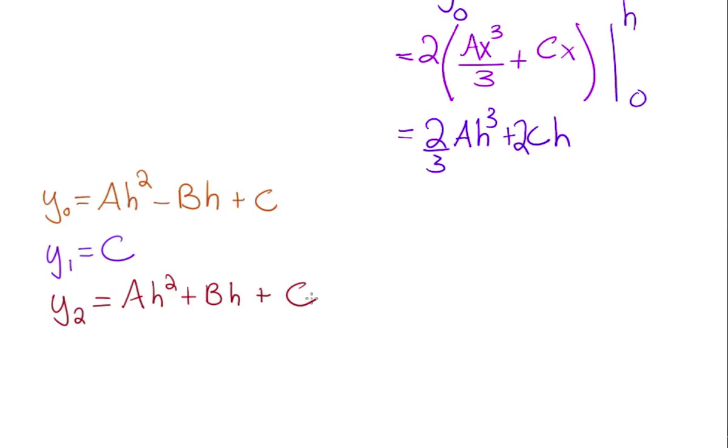Notice how these have bh's and then this one doesn't. Is that a problem? It's not a problem. Why is it not a problem? If you add up y0 and y2, the bh's cancel, right? So you're good there.